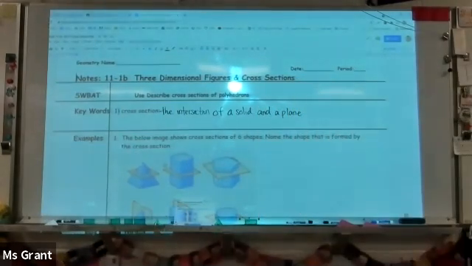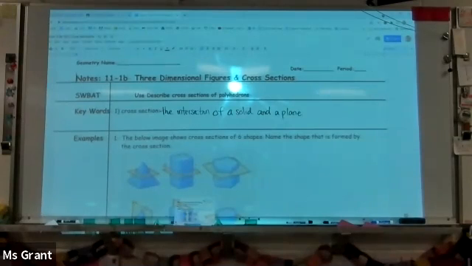The intersection of a solid and a plane. Okay. So with that, I need to actually scroll down. So you got the definition.